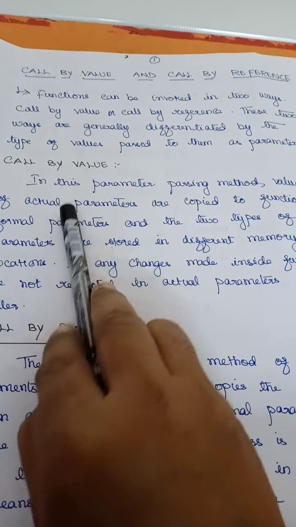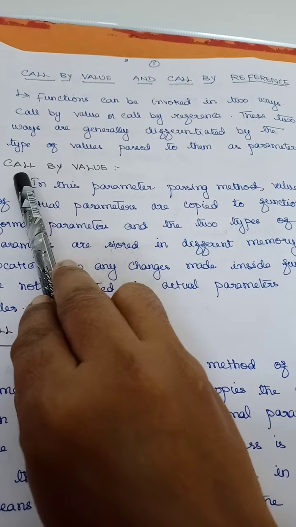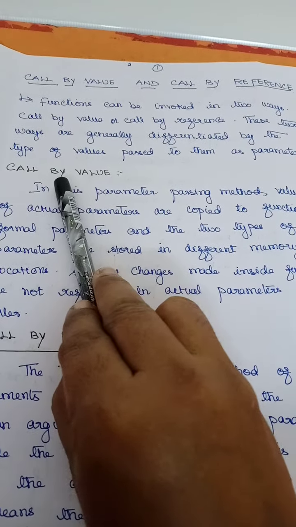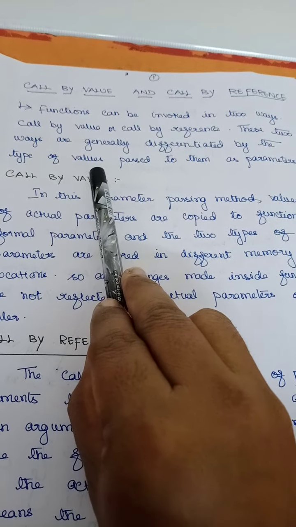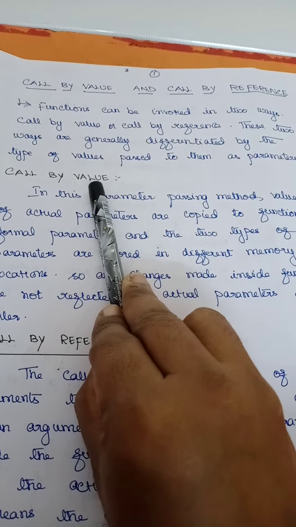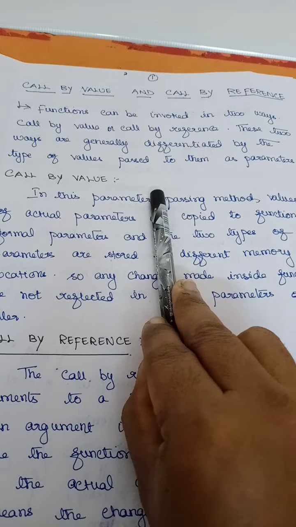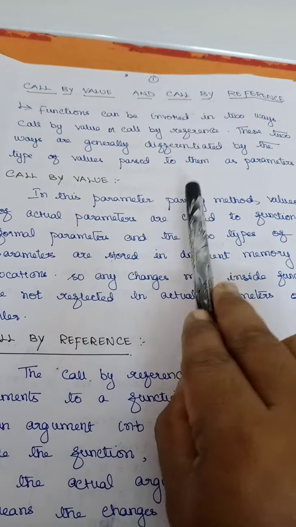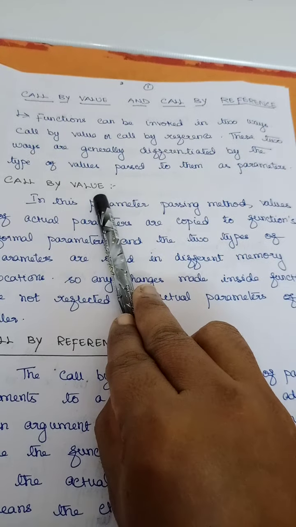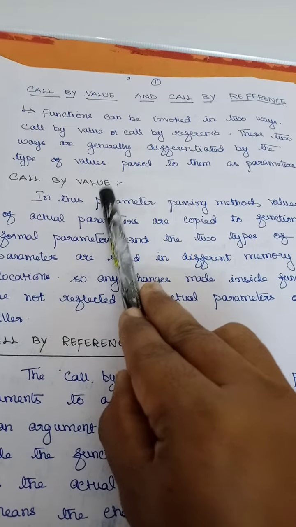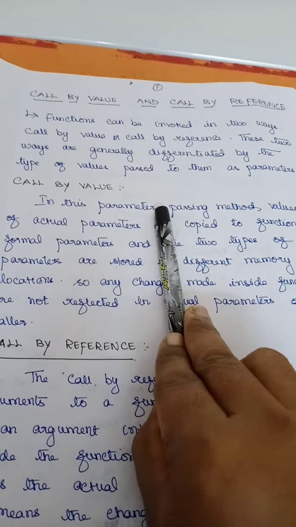From the name itself it is clear. I am going to call the function by passing only the value of the actual parameters to the formal parameters. So only the value will be copied. Yesterday we saw one program where the value is copied to the parameters.